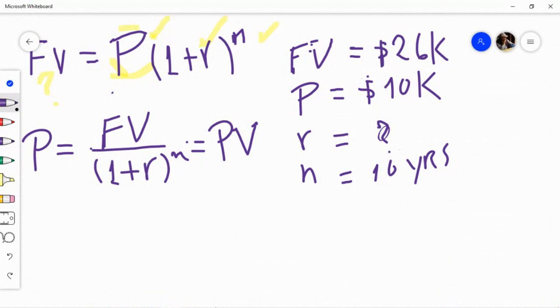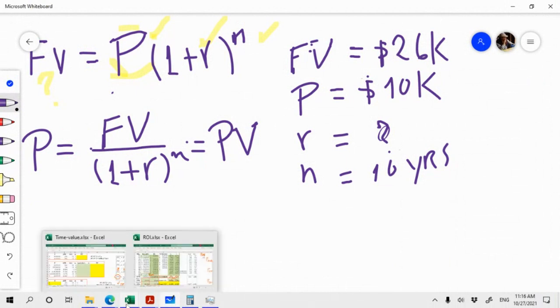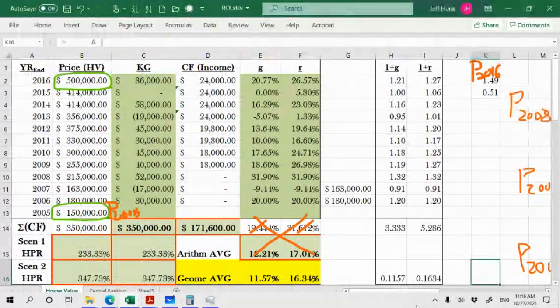I guess, would scenario one be finding the future value, or was it something else? No, it was not.